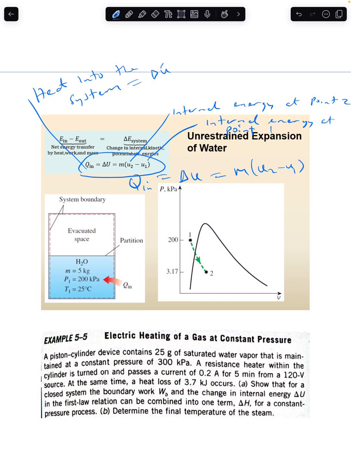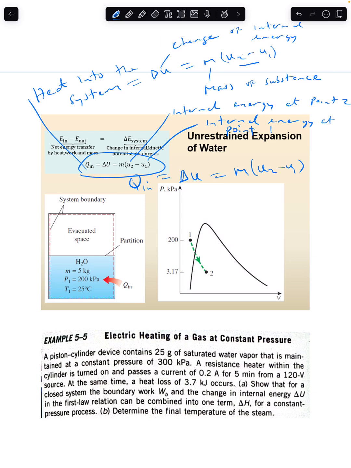The change of internal energy, which is equal to what? This is the mass of substance, times U2 minus U1. I've already spoken U2 internal energy at point 2 and U1 internal energy at point 1.